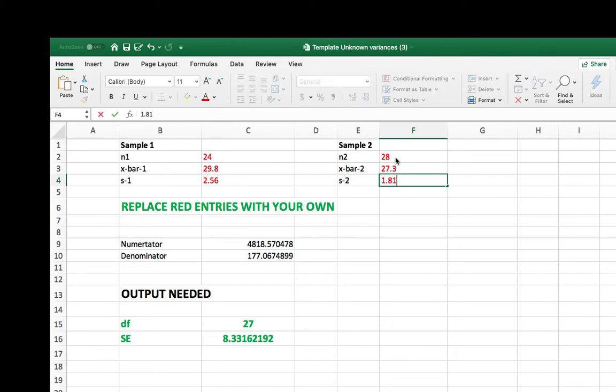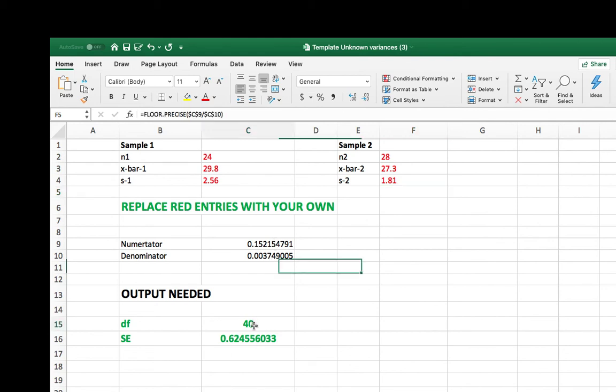So we just put those through, and it actually works out the numerator and the denominator, the top part and the bottom part of that horrible formula, and it gives us the degrees of freedom. It actually gives us the whole standard error too.